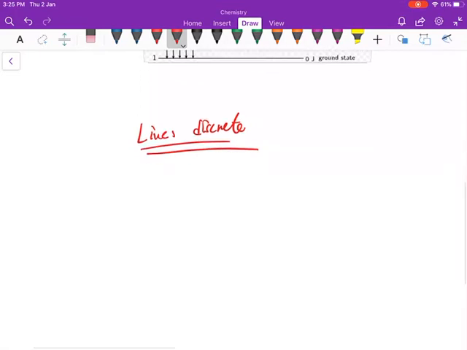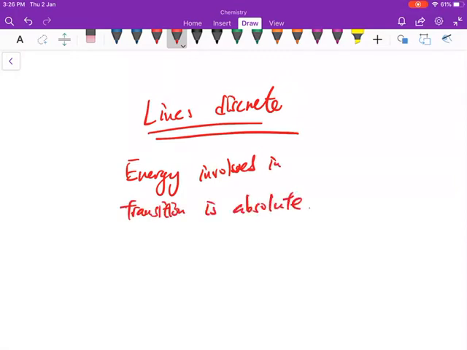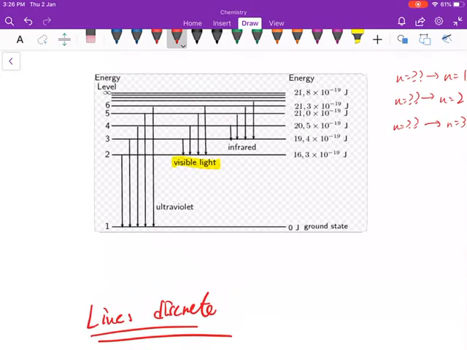He found out that the energy involved in a transition is absolute. Let's say from n equals 5 down to n equals 2, it must be a set value.